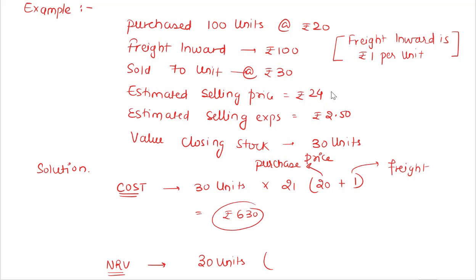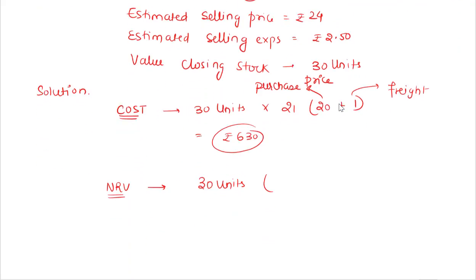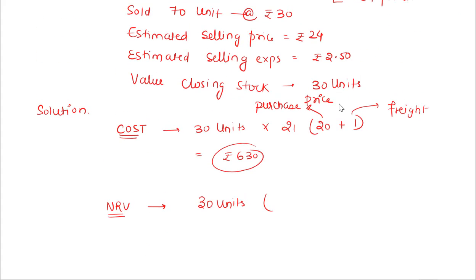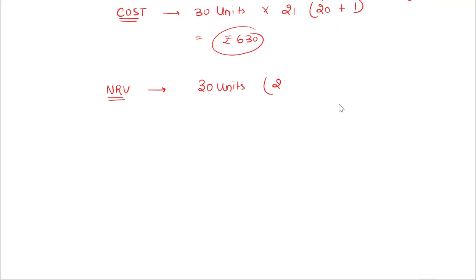So 2.5 should be deducted from 24, because we will receive 24 by selling and 2.5 we need to incur. So 30 units multiplied by 24 minus 2.5, that is 21.5. So 30 multiplied by 21.5 is 645.